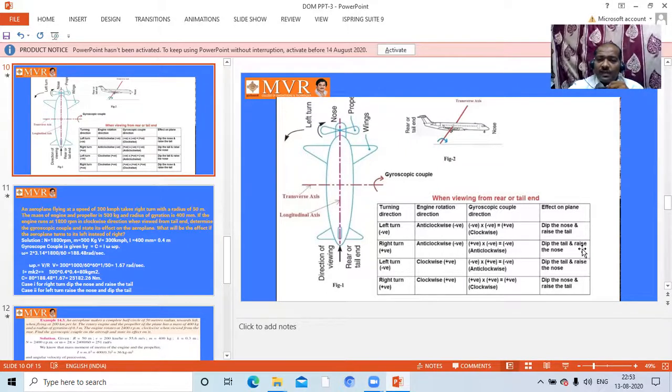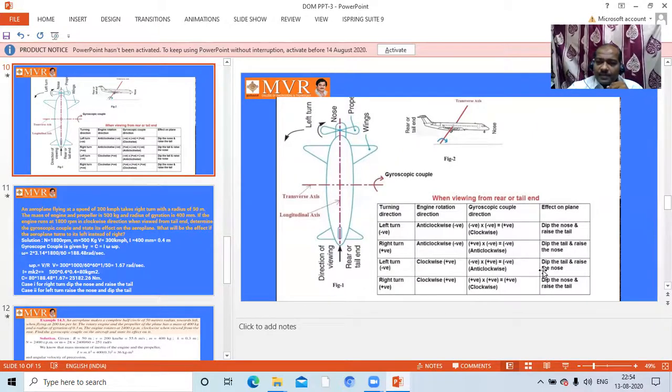Next, effect of the plane. Already I expressed that the effect on the plane has to be expressed in two forms: one with respect to the nose and the other with respect to the tail. So I have given it like this. For left turn anti-clockwise, we have a dip of the nose and raise of the tail. For right turn, dip the tail and raise the nose.